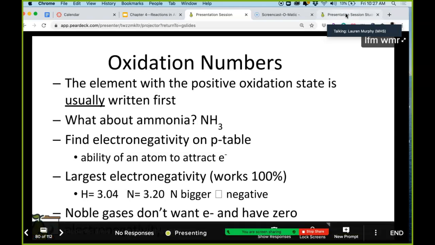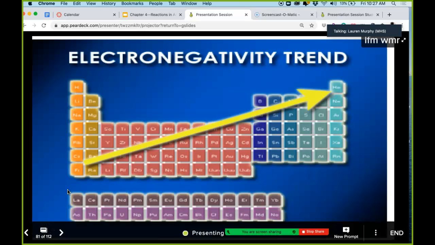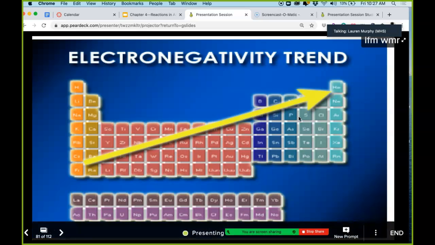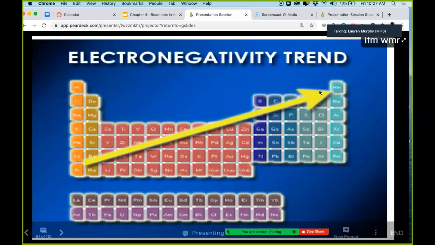Ammonia is a perfect example. If you look at this electronegativity chart, the most electronegative element on the periodic table is fluorine. Right after fluorine, it's oxygen, and then nitrogen. Those are the three most electronegative elements on the periodic table. So the closer you are to those elements, the more electronegative you are, meaning the more chance you have to attract electrons and have a negative oxidation state.